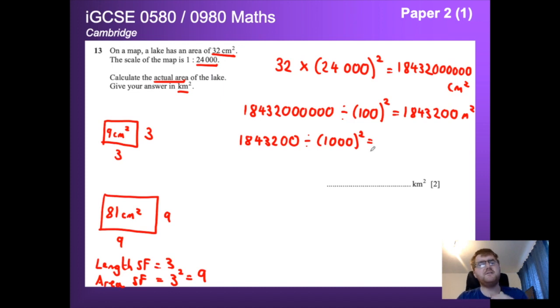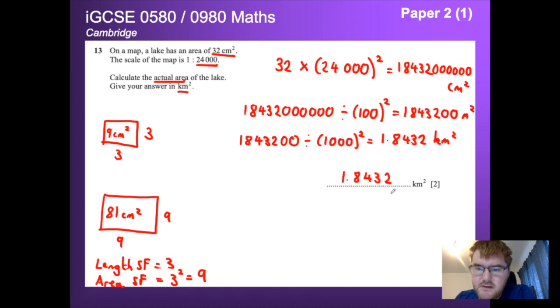Because 1,000 meters is in a kilometer, and we square it because we're using square units. If we do that, we get our answer of 1.8432, which is our answer in the unit that we want. It's a nice question. It's a mixture of working with map scales, but also realizing we're working with square units, so when we're multiplying and dividing, we need to make sure we are squaring as well.